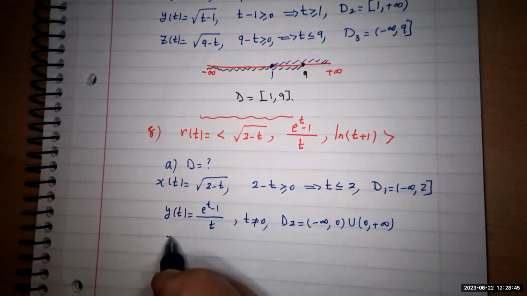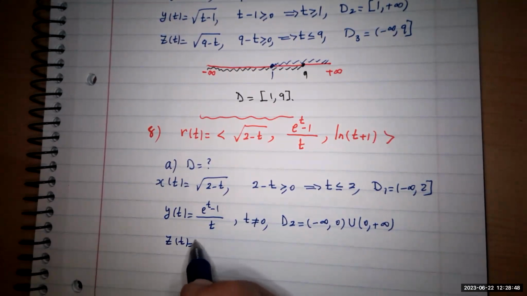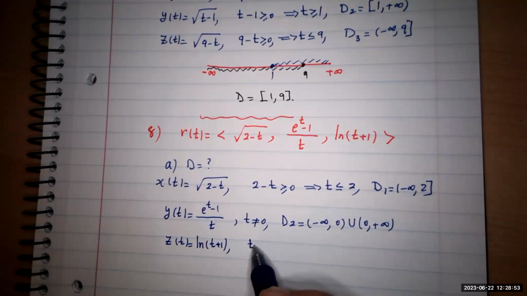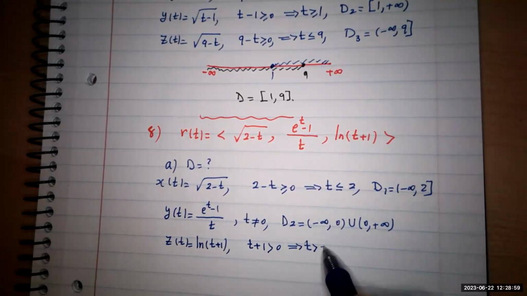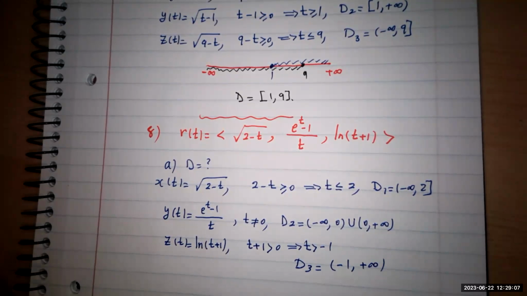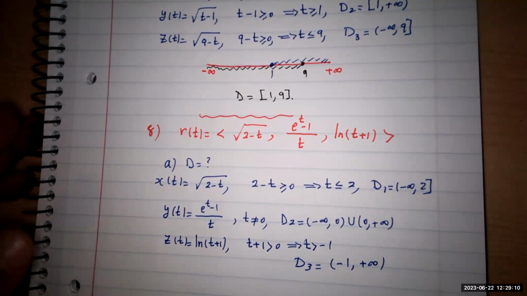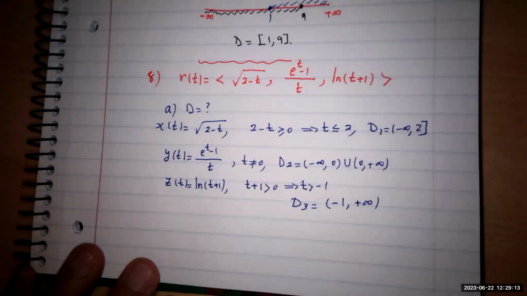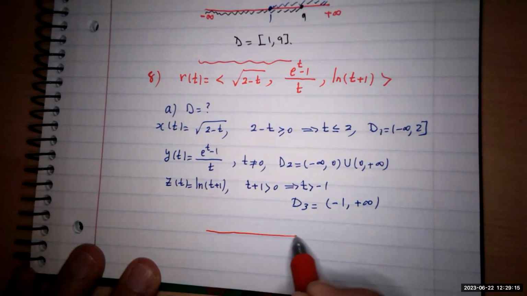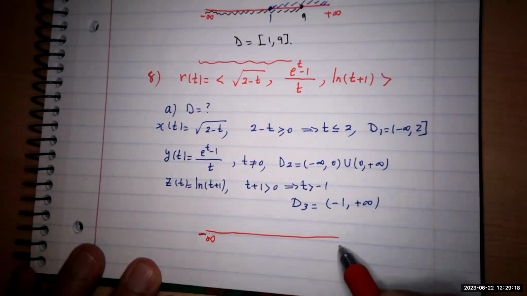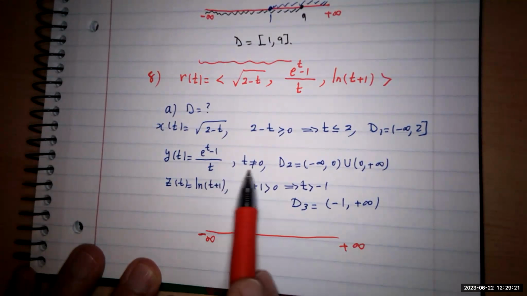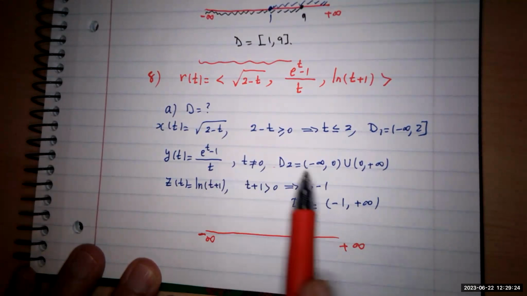The third one is the ln function, z of t equal to ln of t plus 1. The restriction is that t plus 1 must be positive, so t must be greater than negative 1. So the domain of this part is negative 1 to positive infinity. Now put them together to get the common domain. The first is negative infinity to positive infinity, except 0, so I exclude the 0.